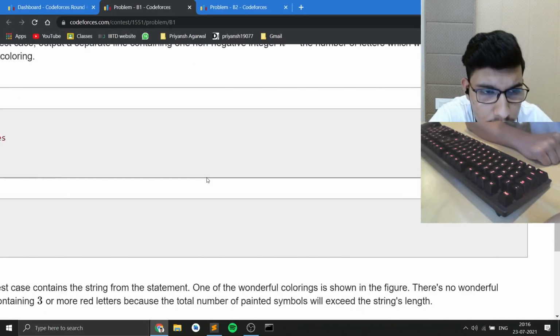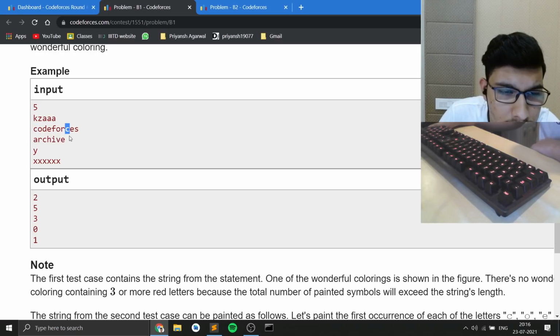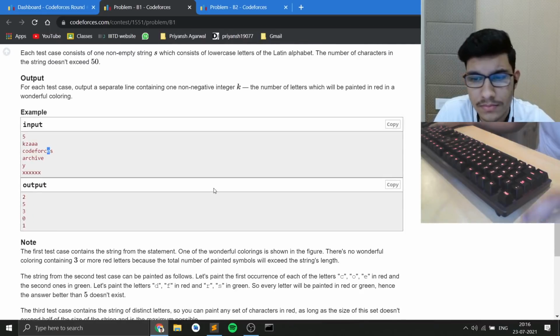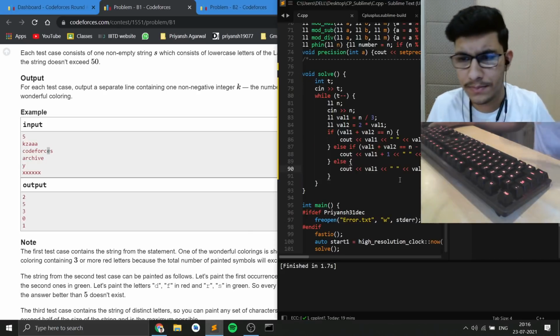If we talk about Codeforces here, so this can be painted red, green, red and green again. So if we have one letter occurring more than twice, then we can obviously paint it red and green.